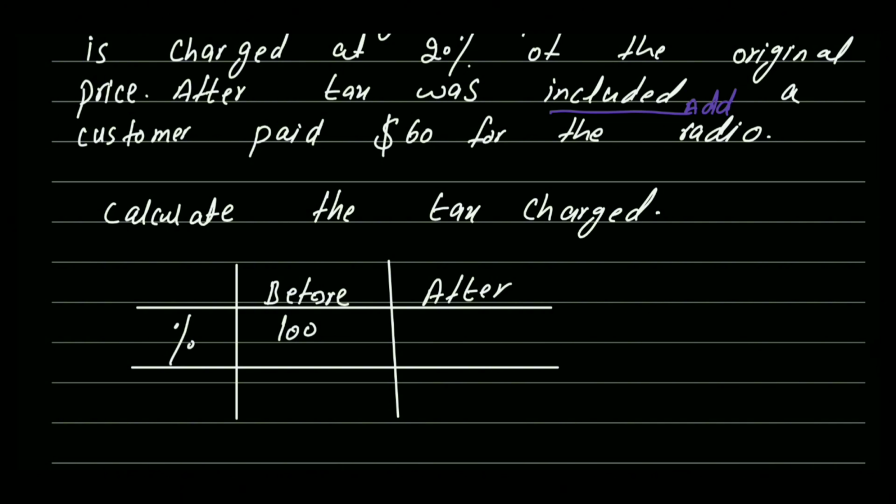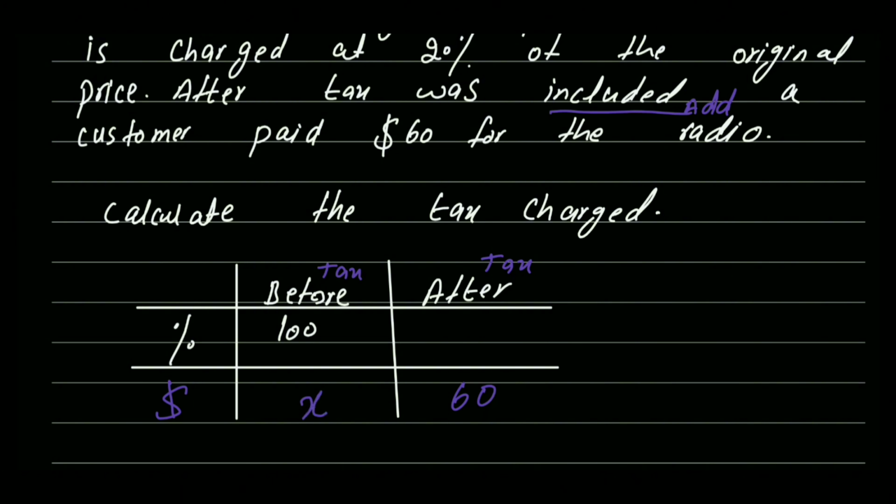So after, it means this is dollar and this is before tax and this is after tax. So $60 will be in the after box, and calculate the tax charged. So we have to find it.